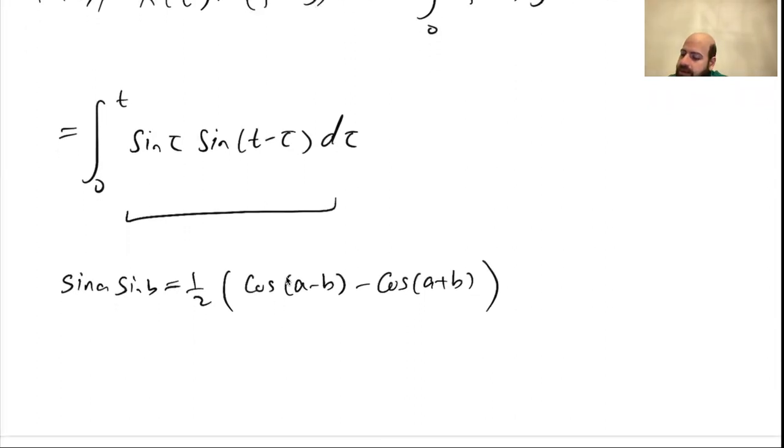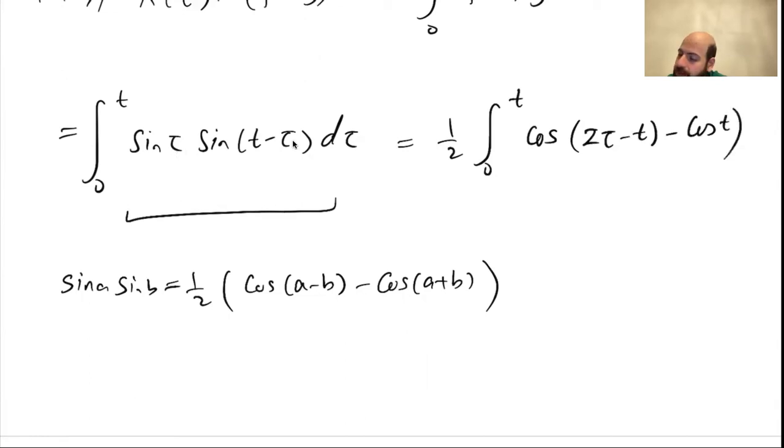So this can be written as 1/2 times the integral from 0 to t of cos of the subtraction, A minus B, which here will be 2 tau minus t, minus cos of the addition of A and B, which will be t, d tau.